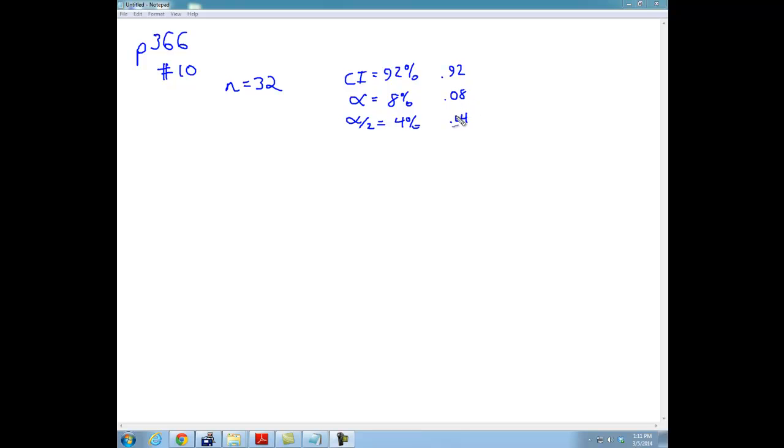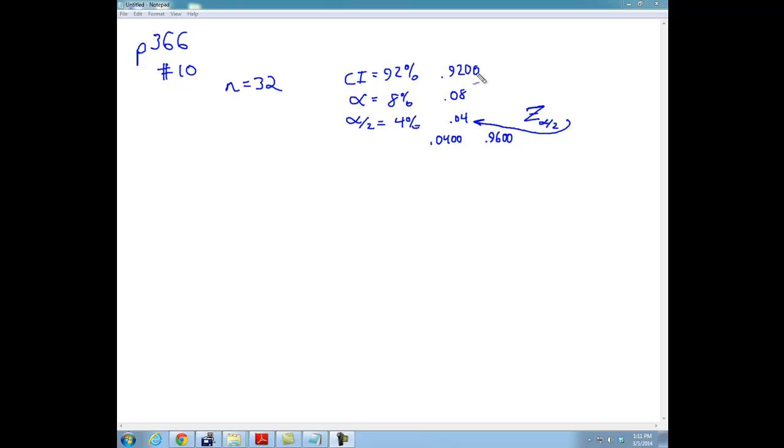Now, I need to find the z, because this is over 30 pieces of data, the z alpha divided by 2 score. So I need to look this up on the chart. There are two places to find it. There is 0.0400, and also on the other side of the standard deviation curve, since the curve is symmetric, it's going to be at 0.9600.